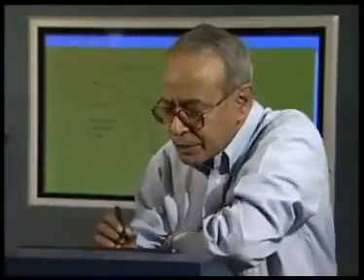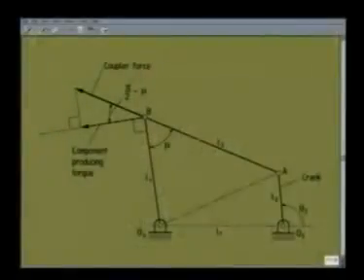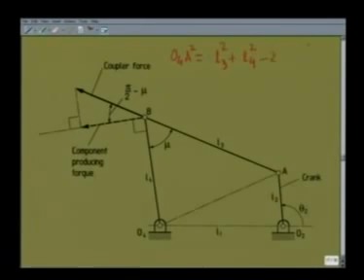To obtain an expression for the transmission angle mu, let us consider the triangle O4AB. Then we can write O4A squared is L3 squared plus L4 squared minus twice L3 L4 cosine mu.